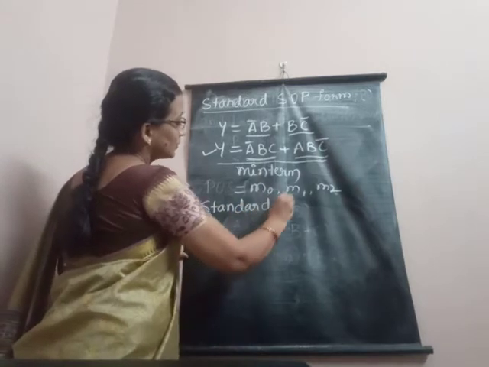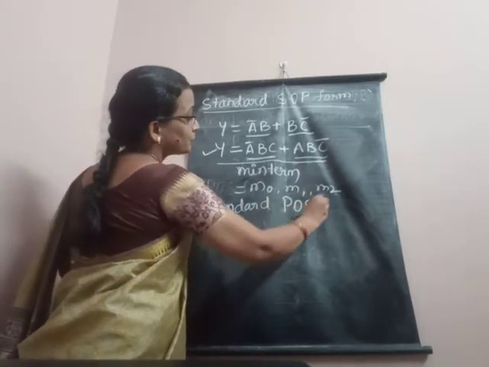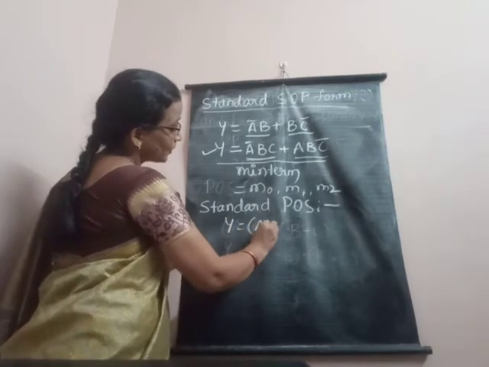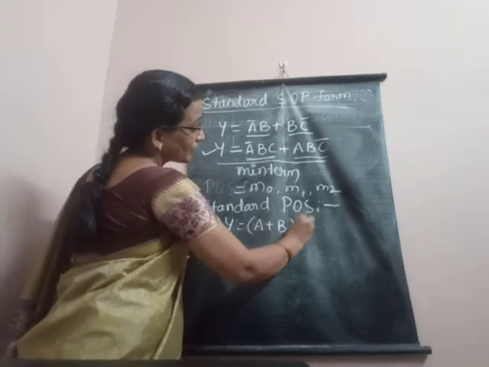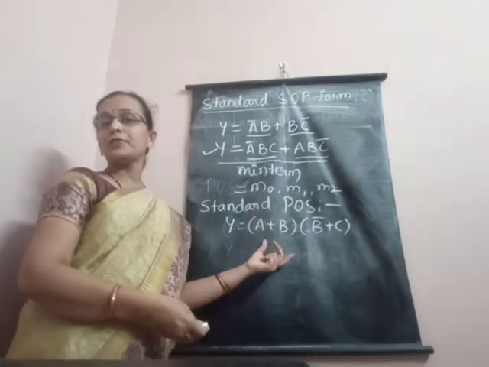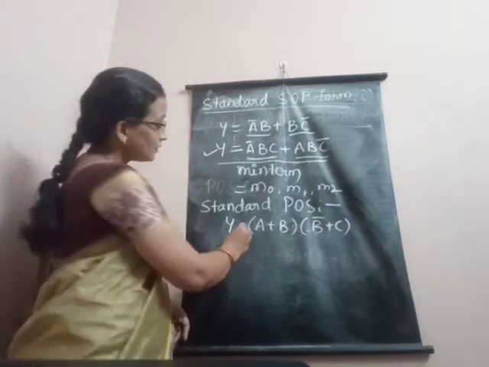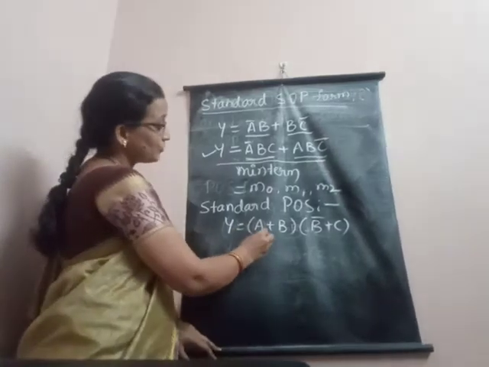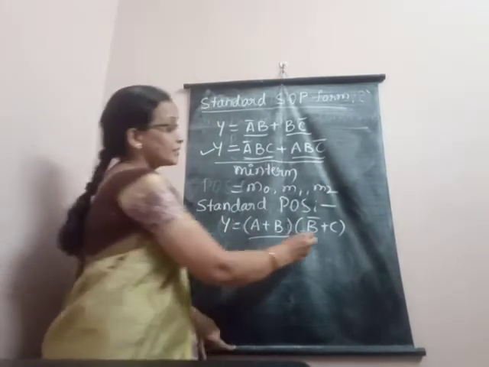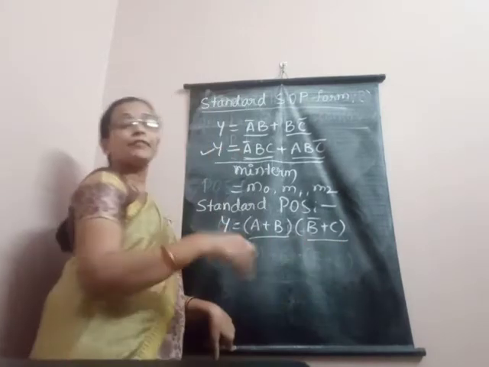product of sum form. If we write y is equal to (a plus b) and (b bar plus c) as a product of sum expression, this is not standard, because the first term does not have the c term, and the second term does not have the a variable.